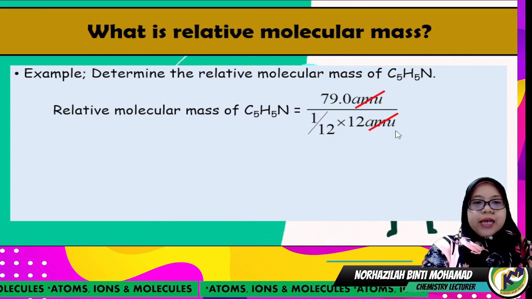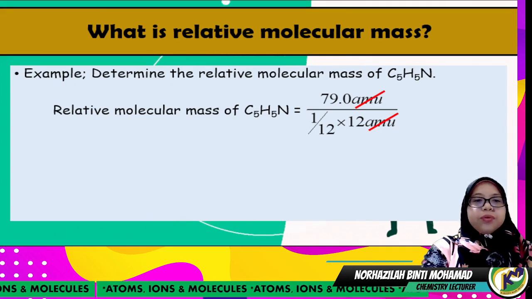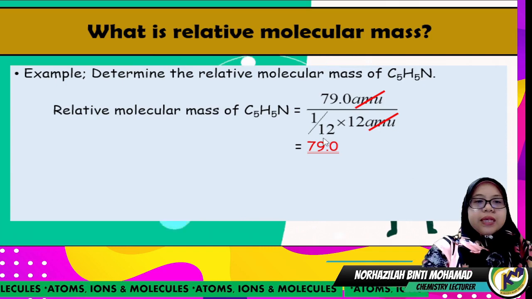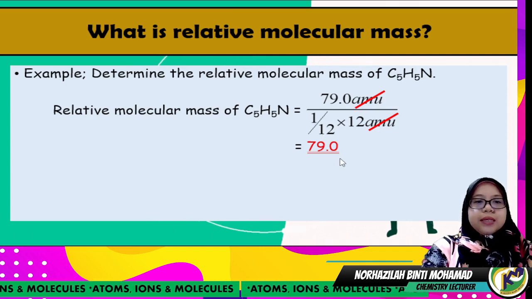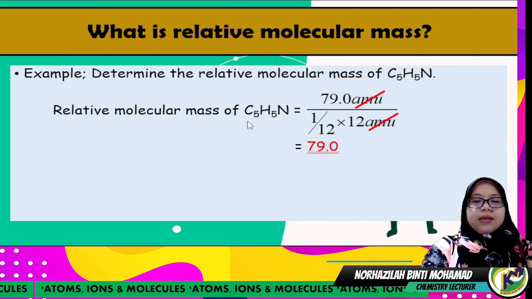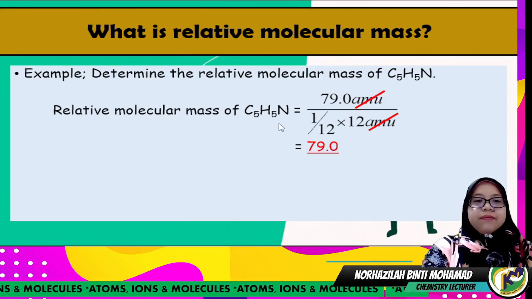So, we can cancel the unit AMU and the number 12. So, the answer left is 79.0. So, this is the relative molecular mass of C5H5N.